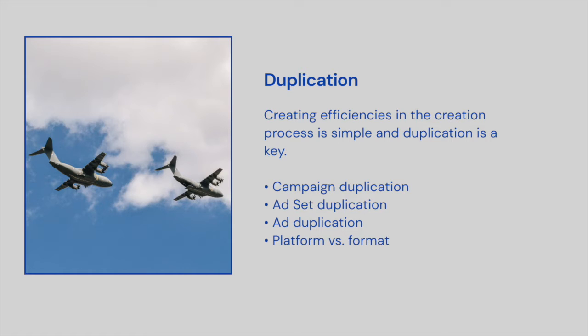And then additionally, if you have the same age ranges, you have the same gender, and you just need to change the audiences, or the same audiences and you're just changing a placement.